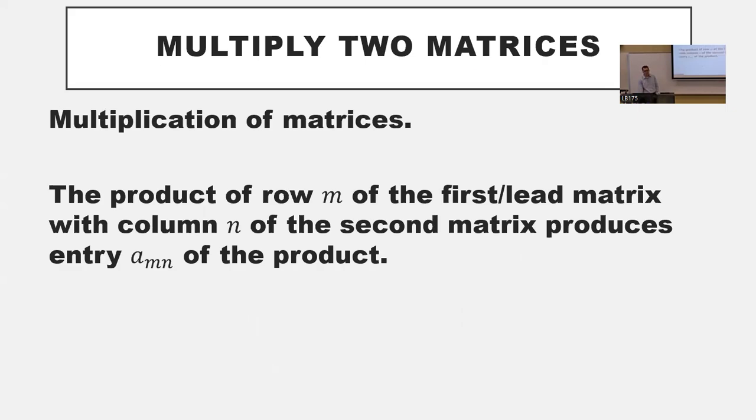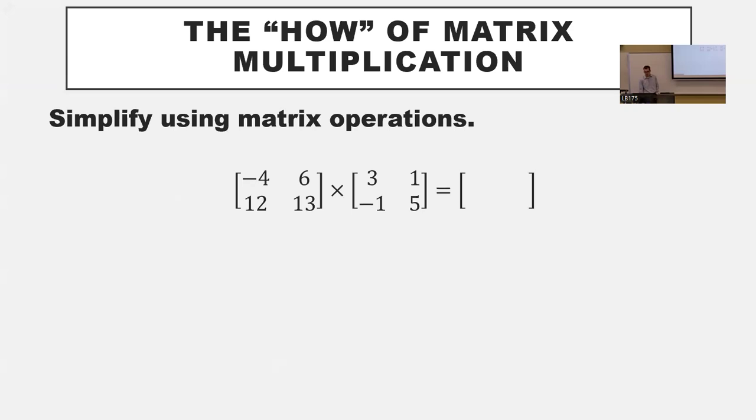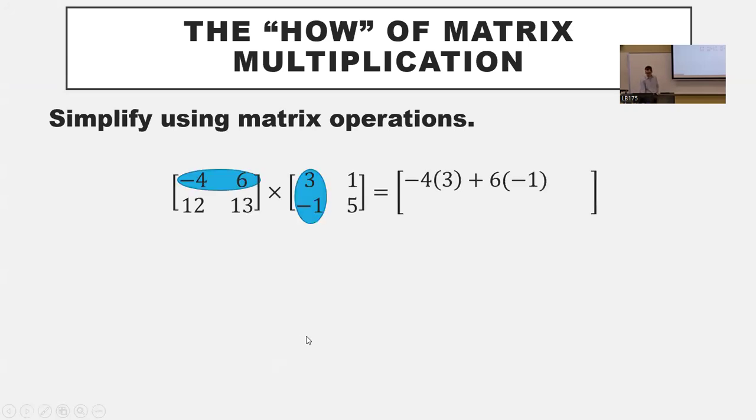We added and subtracted matrices, and then at the very end, we were multiplying matrices. Remember how we multiply matrices? We take rows of the first matrix and multiply them times the columns of the second matrix.